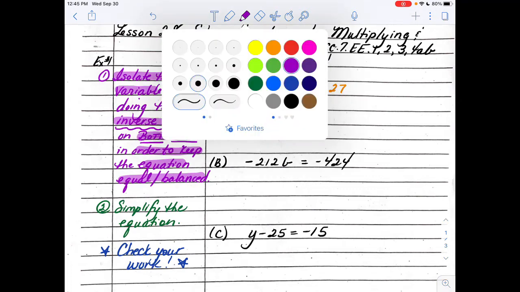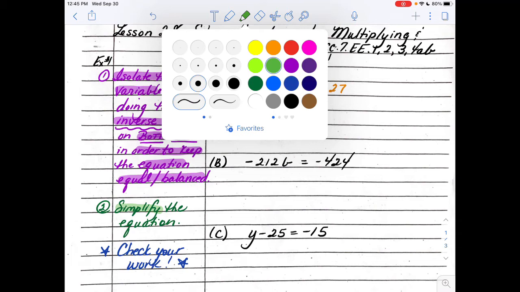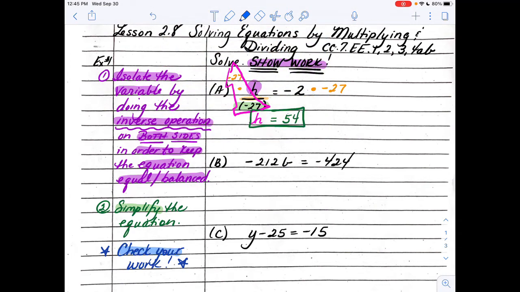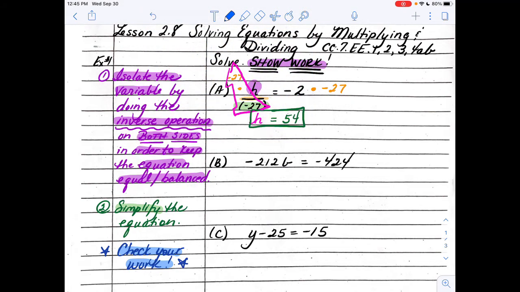Now we did go ahead and simplify, and we'll look at that one more time in a second. But we need to check our work to make sure that we really got the correct answer. So we're going to take that equation that we started with. But remember, we put parentheses instead of the variable. So parentheses divided by negative 27 equals negative 2.